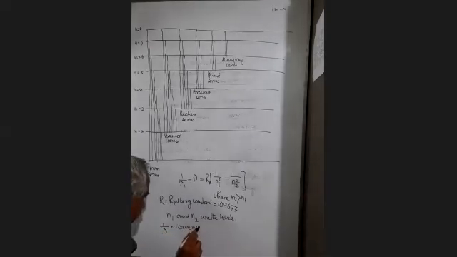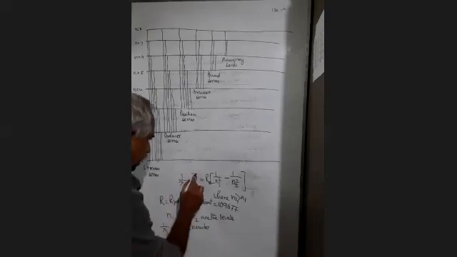So please write down here: 1 by lambda is also called wave number, and wave number is indicated not by nu, dear, but nu bar.